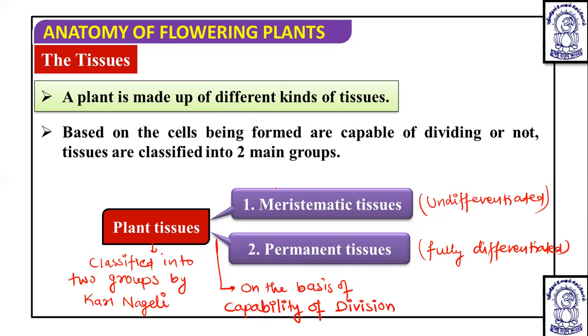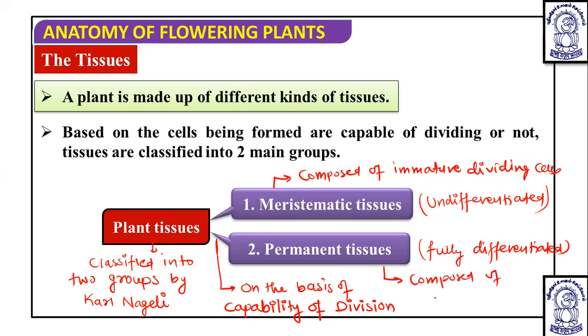Meristematic tissue is composed of immature dividing cells, while permanent tissue is composed of mature non-dividing cells.